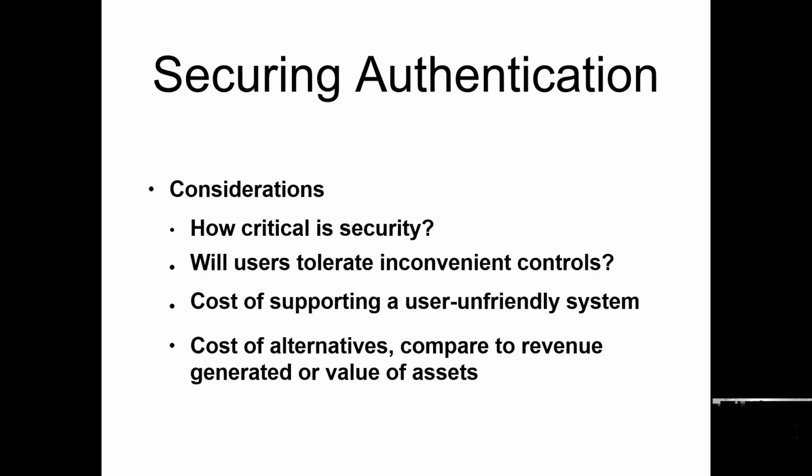How do we want to secure the authentication? You need to put in all of this consideration. How critical is the security? Will the user tolerate inconvenient control? So what type of security do you want to impose?